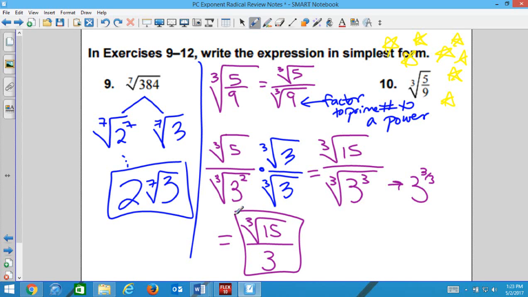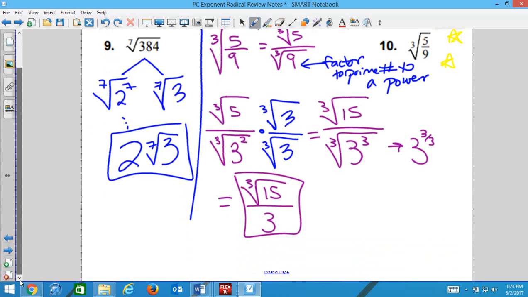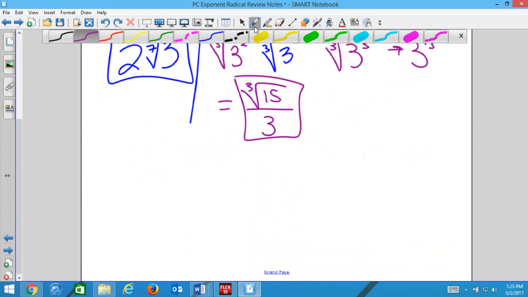It's just a little different than when we had square roots, because with square roots, you can multiply them by the exact same thing, and it makes it squared. But with cube roots, you have to make sure you have 3 of whatever's down there. So a little side note on that one. Little side example.